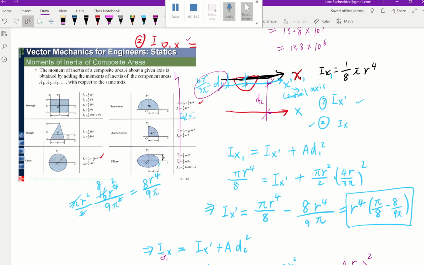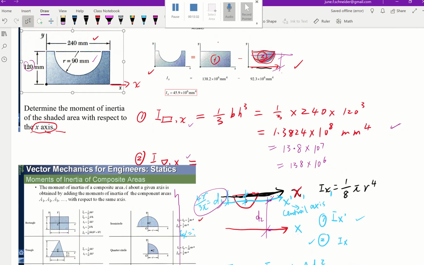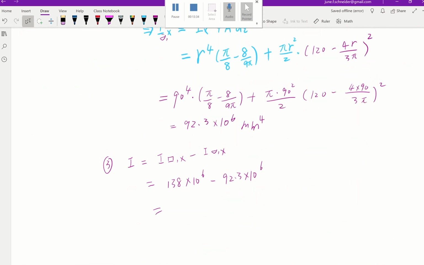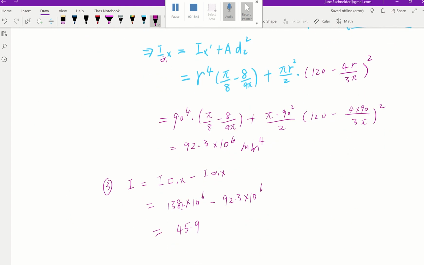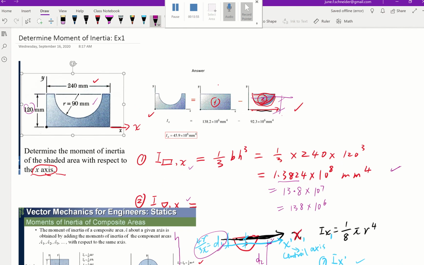When we calculate them together, we'll get about 45.9, because here it's 138.2. So that's going to give us 45.9 times 10 to the power of 6 millimeter to the power of 4. All right, so that's for this problem, and hopefully that gives us a direction.